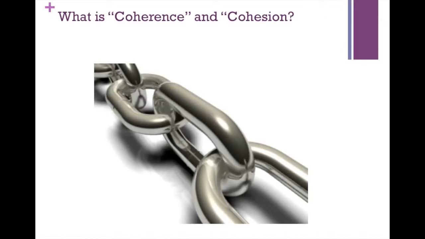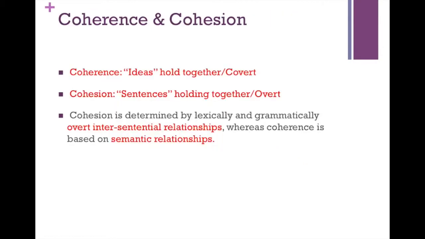Some people say that these two concepts have the same meaning. However, they are a little bit different. Coherence is more related to the fact that ideas hold together. In other words, the ideas should tie together throughout sentences.